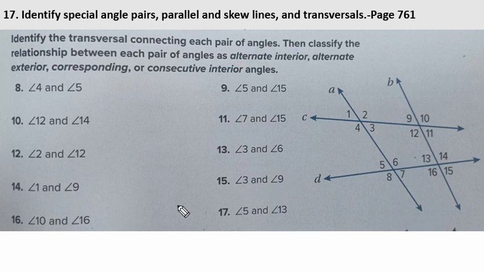Next 6, 10 and 16. 5 and 13. Very good. Corresponding. Right? So that's how we do it, and this word is called consecutive. I was saying it that way because that's easy to remember first, and then we say the correct pronunciation. So this word is consecutive.